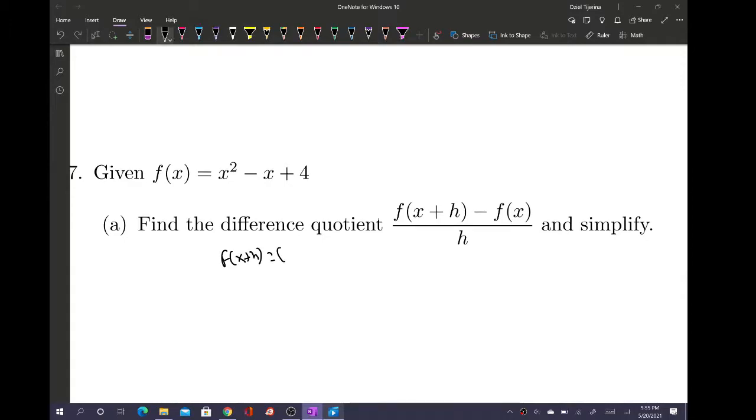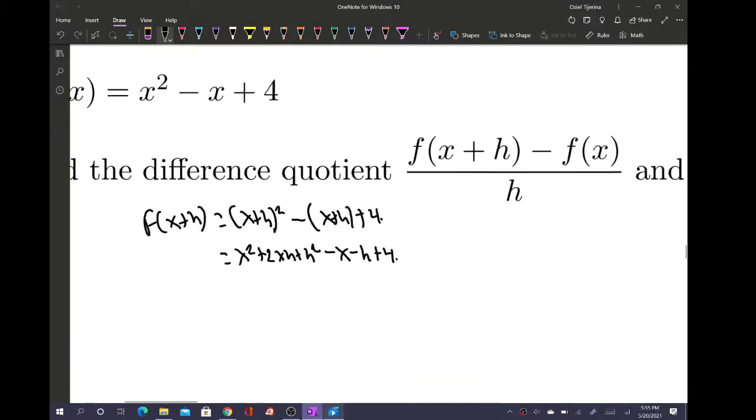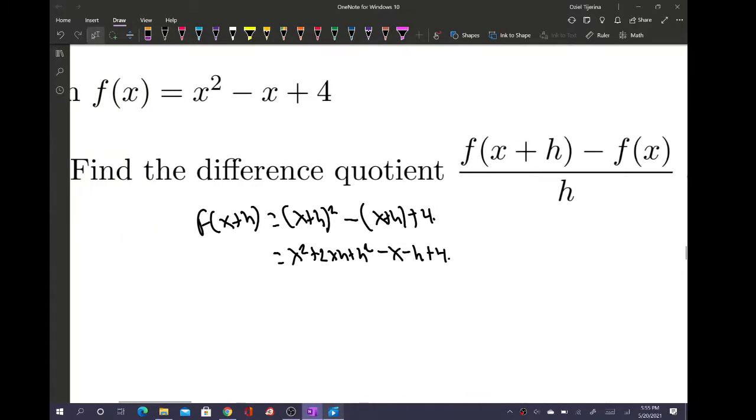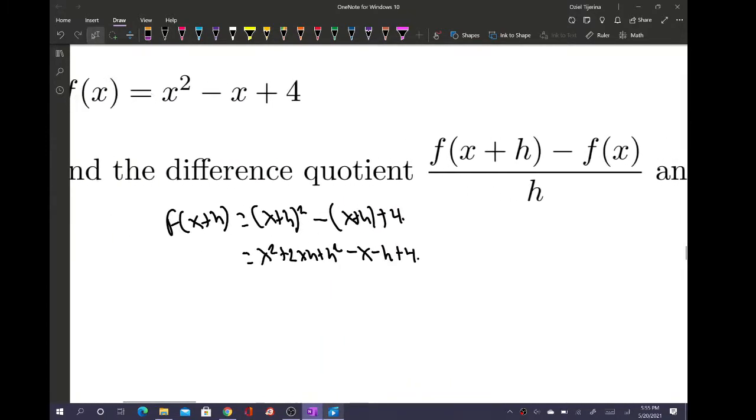This means it's going to be (x + h)² - (x + h) + 4. You do the FOIL method with this, and you get x² + 2xh + h² - x - h + 4. And then f(x) is just what we have here.